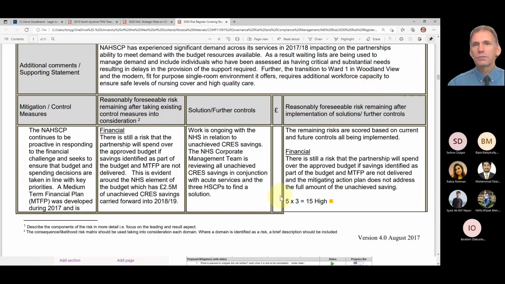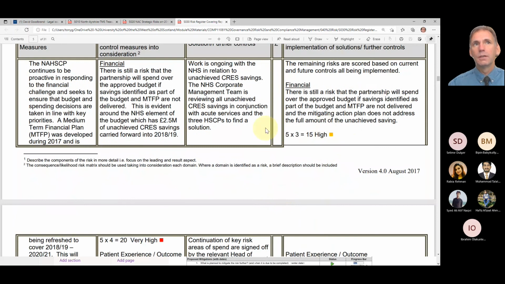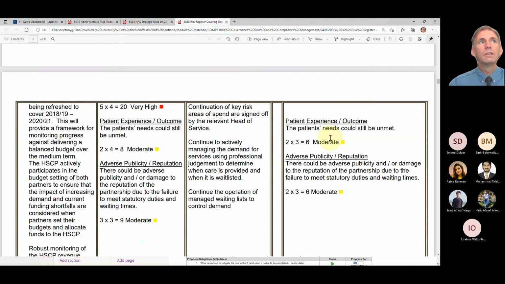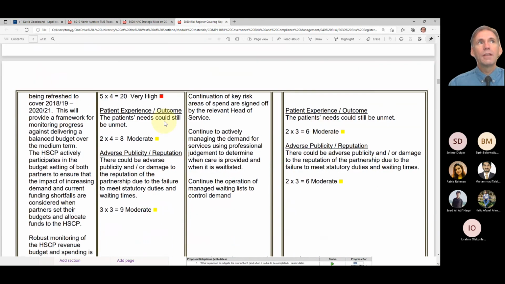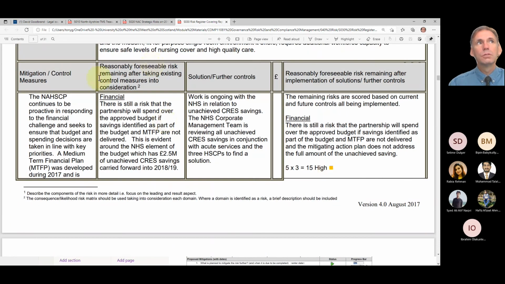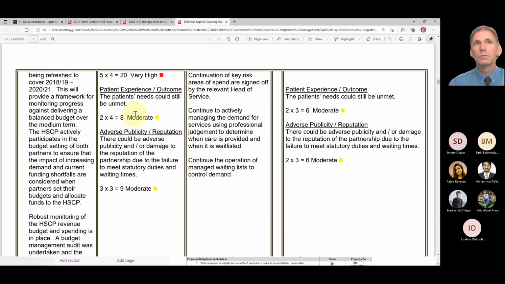They also use a version of the 5x5 matrix, but they don't show the matrix. They just do the 5x3, they give you a number, tell you whether it's high, medium or low, and again use red, amber, green. So again, same kind of idea, but slightly different. And they've also broken that down.